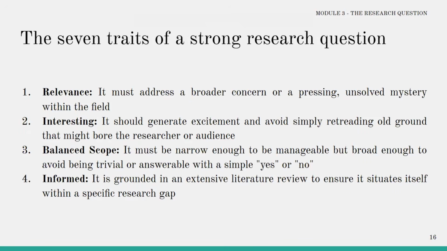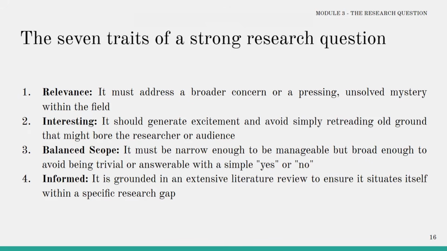So we can summarize that there could be 7 traits of a good research question. First, it must be relevant. It should be interesting. It should have a balanced scope, so it should be neither too broad nor too narrow. And it should be informed, based on previous studies.